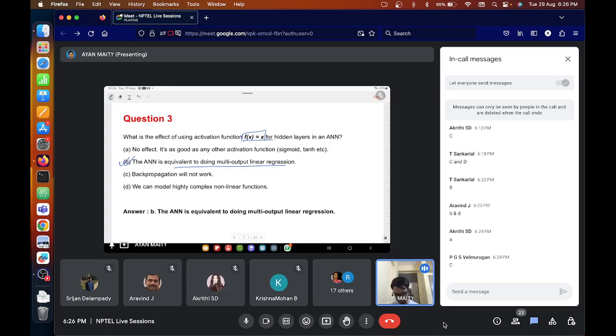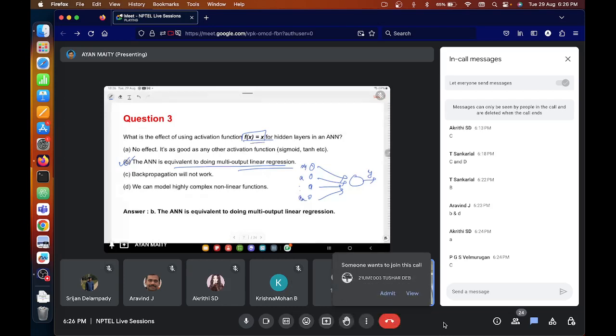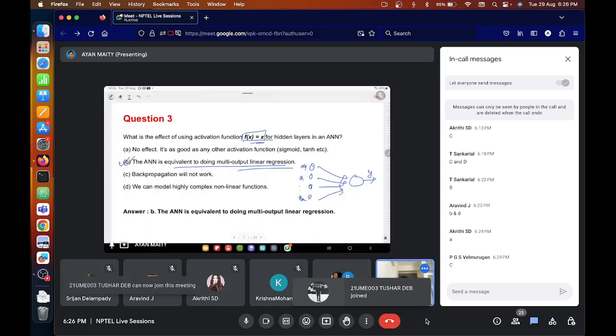That's why it is equivalent to multi-output linear regression. In linear regression, the input features go directly to the output. There is no hidden layer, and the same thing happens if we use the linear activation function f(x) = x in hidden layers.